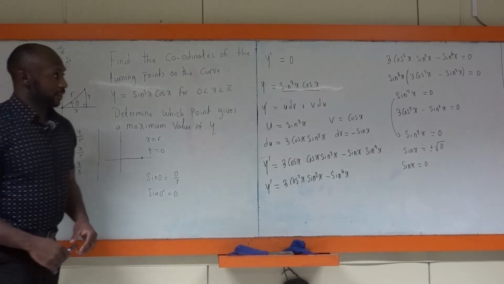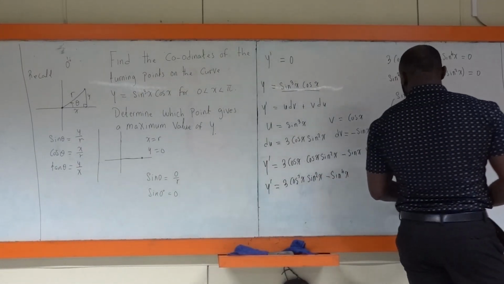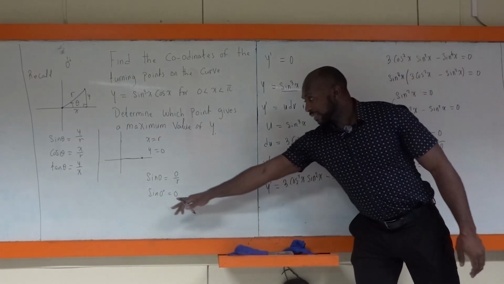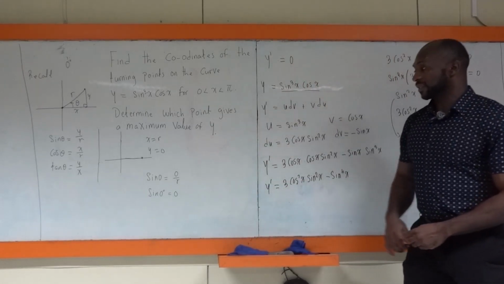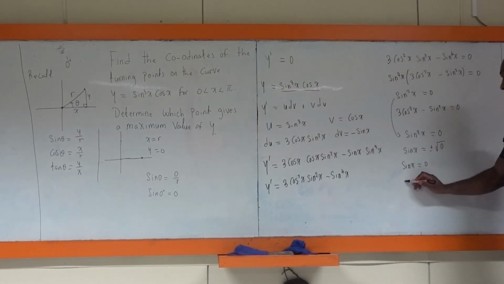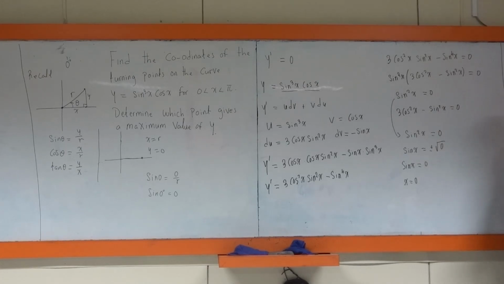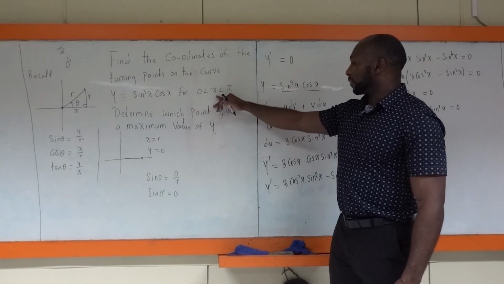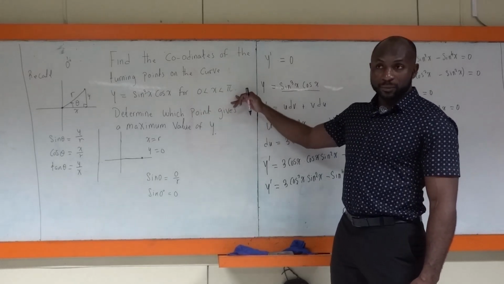And let's go back here. So from this function, sine of x should be equal to 0. And we know that sine of 0 degrees is equal to 0. So here, x is equal to 0. And I am going to stop here because my domain is 0 less than or equal to x less than or equal to pi.